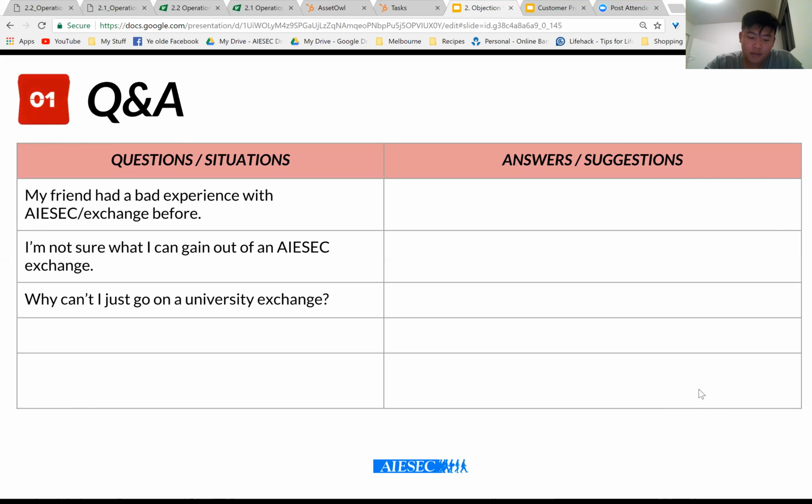And if they're particularly adamant about it, again, it's about finding out why they're so adamant about going to a particular country, or whether it's something they want to get out of the exchange, and whether that is something you can get out of another country that doesn't have any visa restrictions. So that's something that we can do.